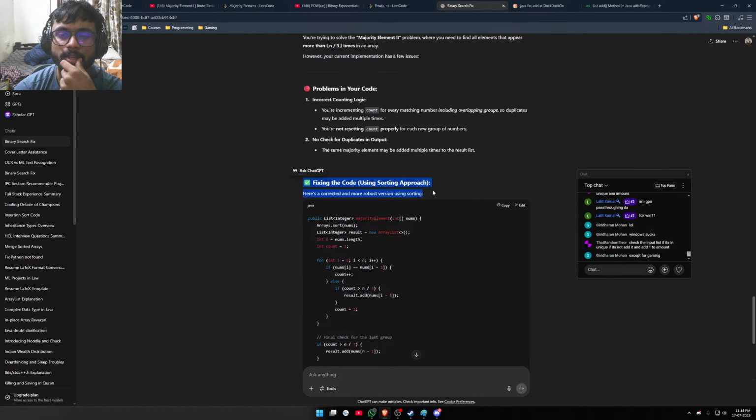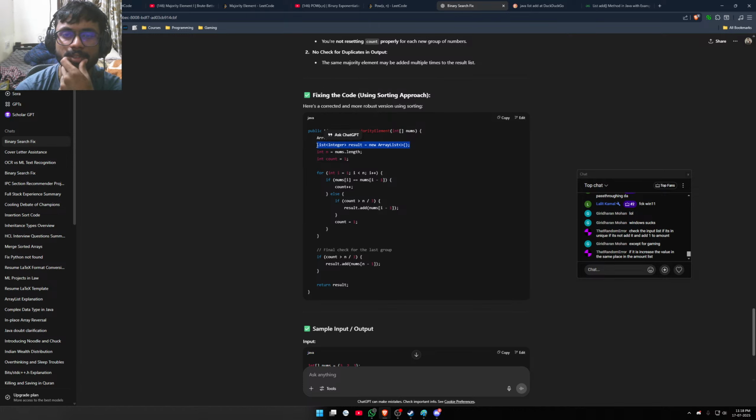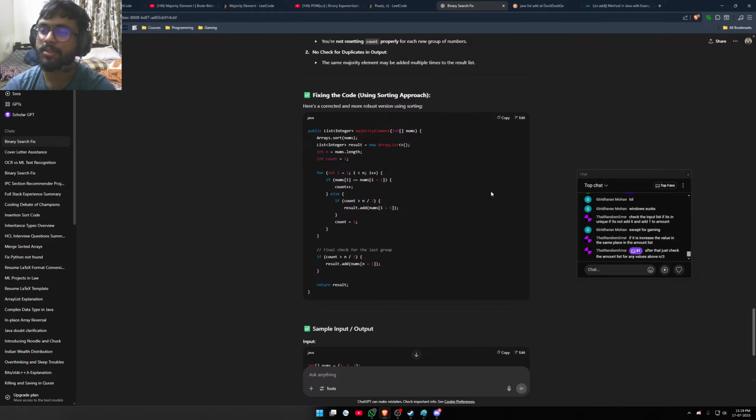Yeah, that's the issue right now. Yeah, that's exactly what I was fixing, using a sorting approach. So we sorted and we have a list, and if it increases, the value in the same place in the amount list. Oh, okay. Got it.